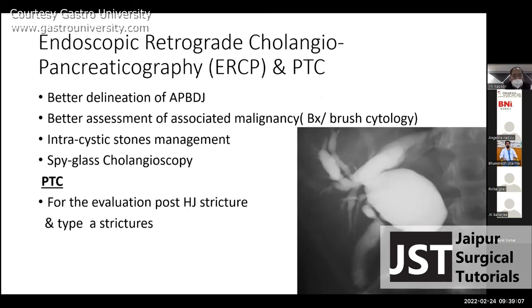It's good for intracystic stone management, and one can also now do the SpyGlass cholangioscopy. PTC is usually for the evaluation of post-hepaticojejunostomy stricture and the type 4A strictures.